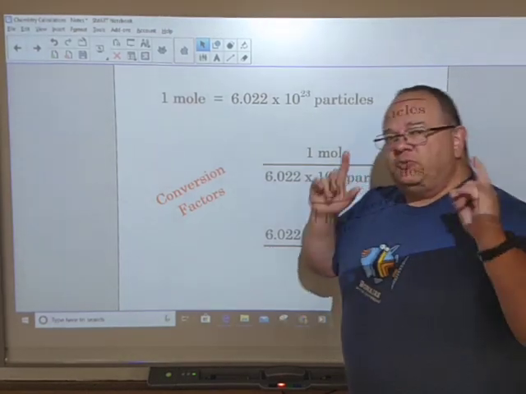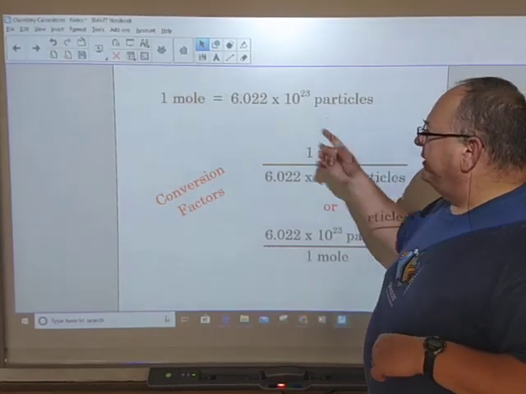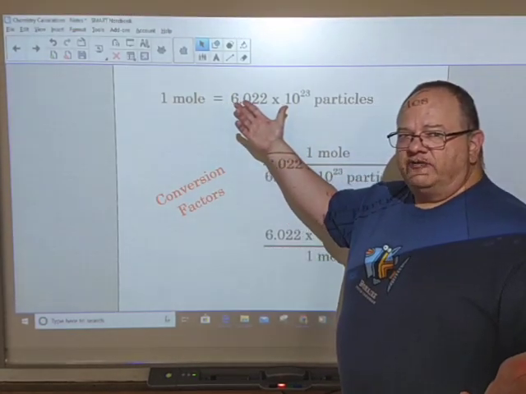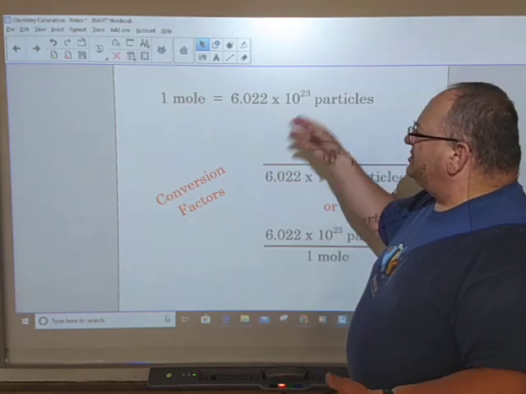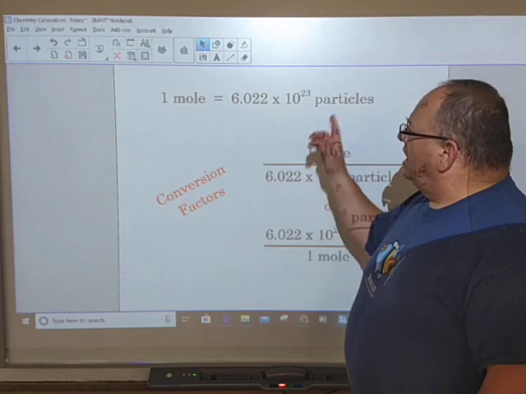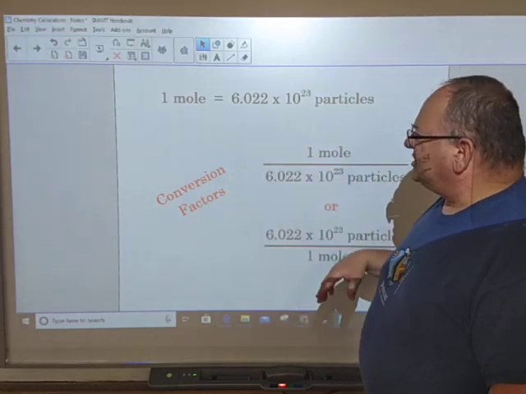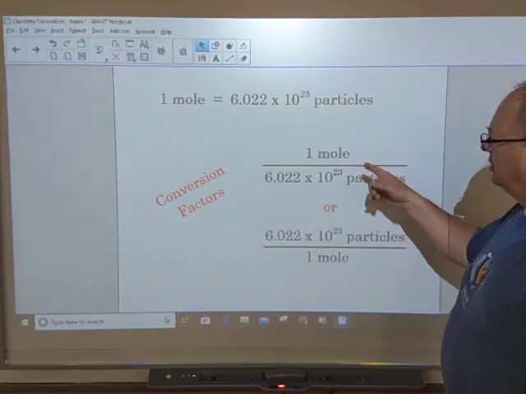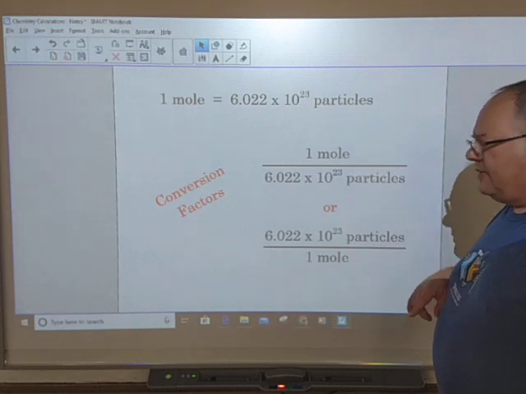And so to go between Mole Island and Particle Island, we just have the definition of a mole. A mole is 6.022 times 10 to the 23rd particles. And so from that, I can make two possible conversion factors. Mole on top or mole on the bottom.